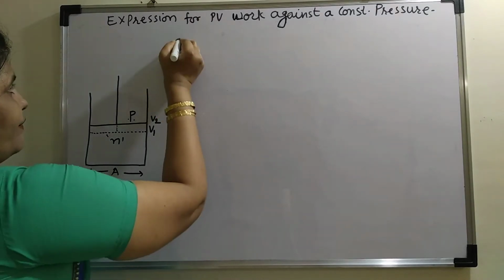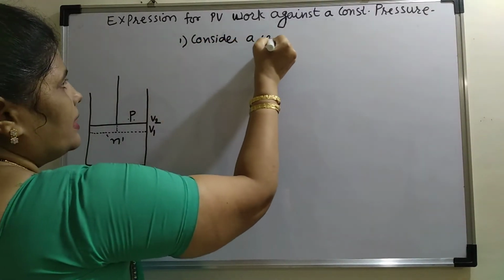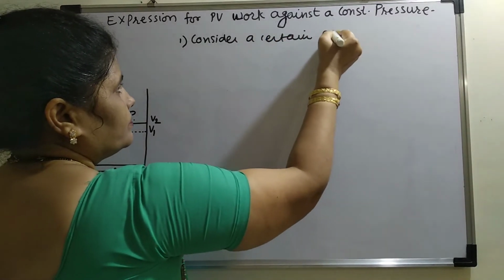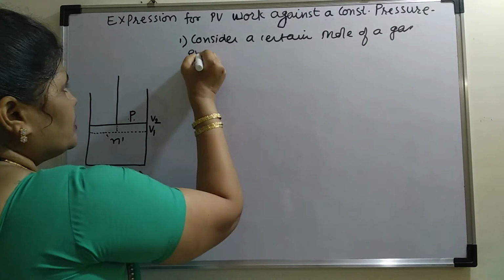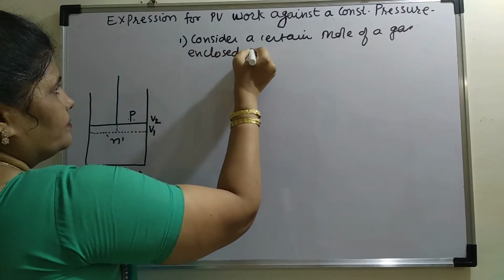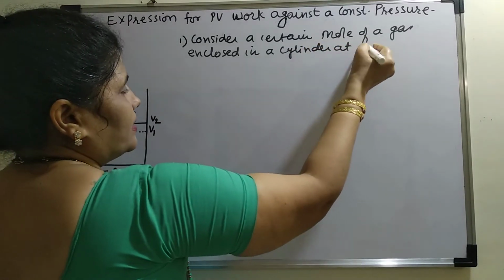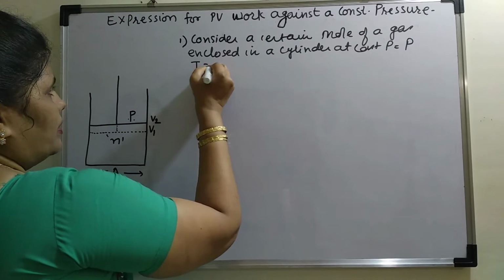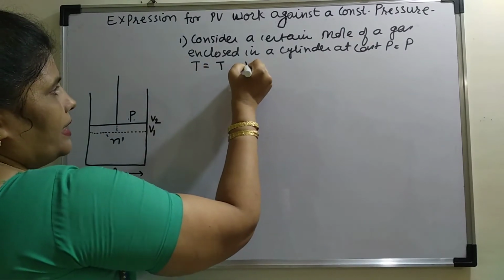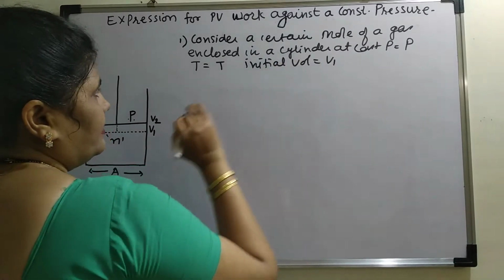So let us write first. Consider a certain mole of a gas enclosed in a cylinder at constant pressure P, temperature T, and the initial volume is V1.